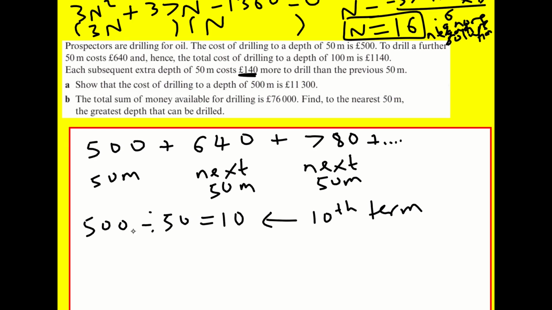Therefore, I've got n is 10, a is 500, and the common difference d is actually 140.